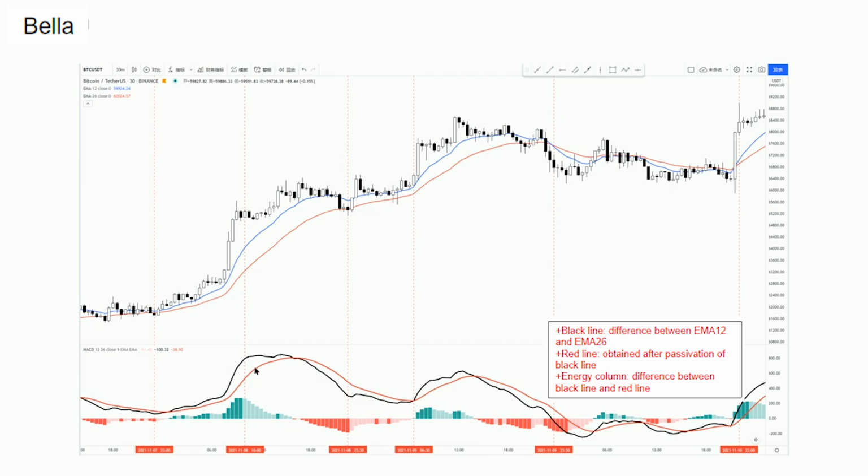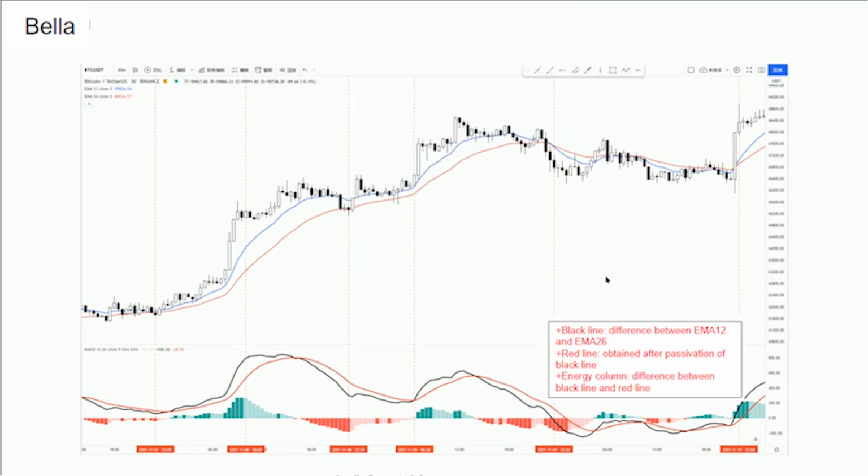MACD means the convergence and divergence of moving averages. When the MACD line, the black line, is above the zero axis, it represents EMA 12 above EMA 26. The further the black line is from the zero axis, the further EMA 12 is from EMA 26. We can see this in the rise of the MACD line in the front section of the graph, if you compare it to the moving averages above.